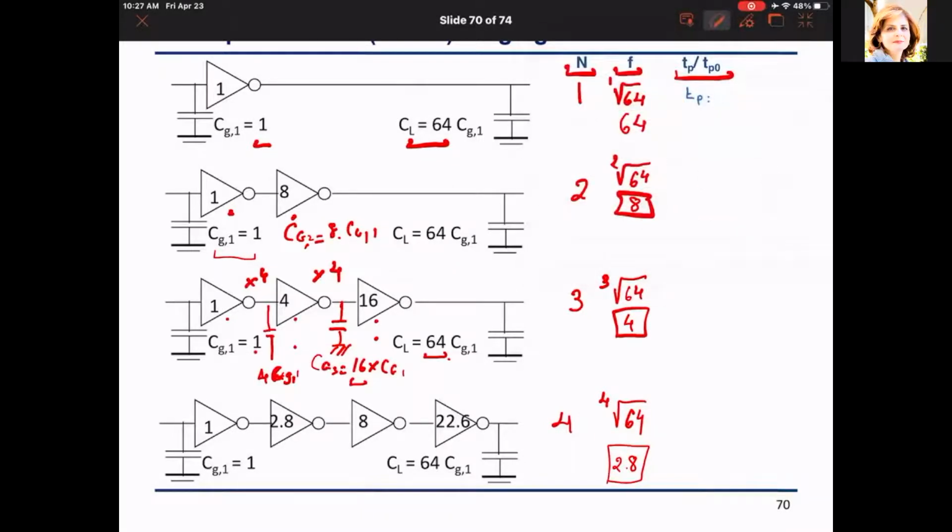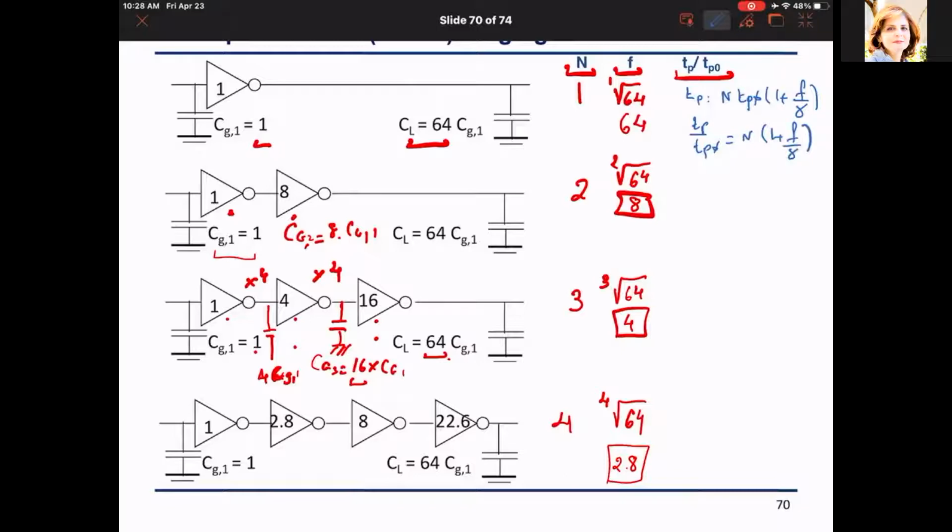TP equals n times TP0 into 1 plus F over gamma, meaning TP over TP0 is n times 1 plus F over gamma.